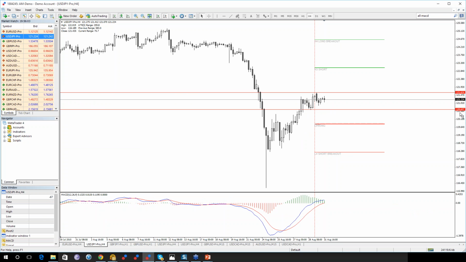So 120.65 is your possible breakout point to the downside, and to the upside the price has been contained within the 121.60 zone. Definitely this is the zone you should be paying attention to. So this is your mini range, and watch for bounces.